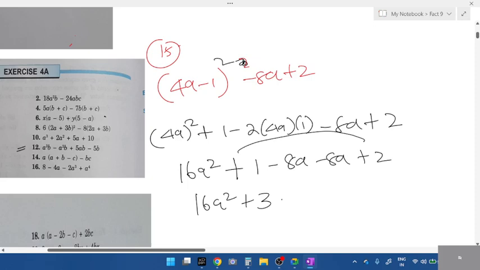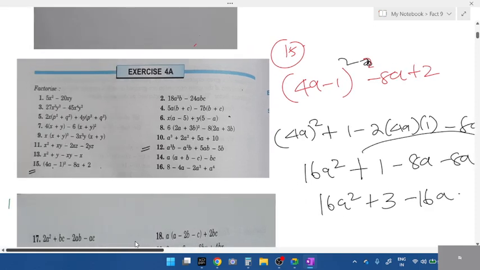Minus into minus is plus. Is it like this? 16a square and 3 outside. 16 is common. Wait, a square is given. What was the question? 4a minus 1 the whole square minus 8a plus 2.